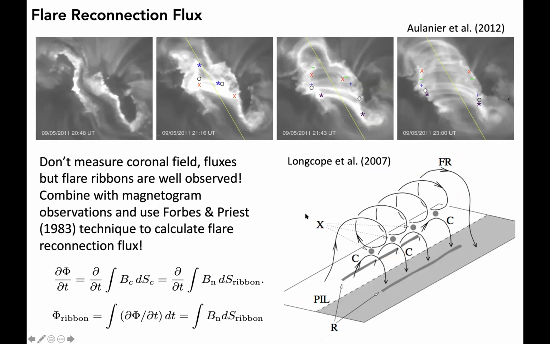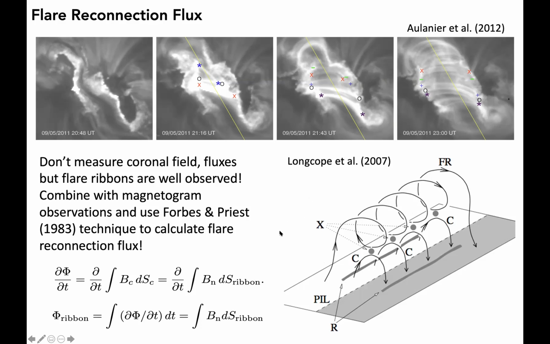These ICMEs are measured in the heliosphere. They often have this flux rope type structure. That flux rope structure has a flux content, and relating that flux content to what you observe during the reconnection phase of the eruption is ongoing work. There's definitely a real connection there.